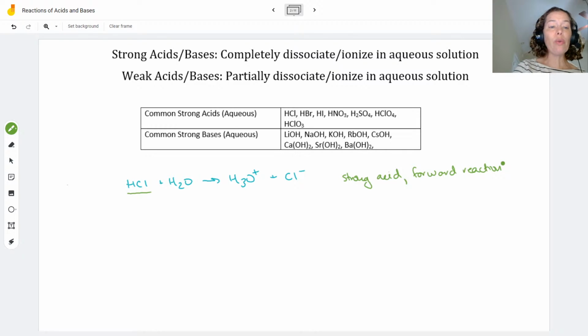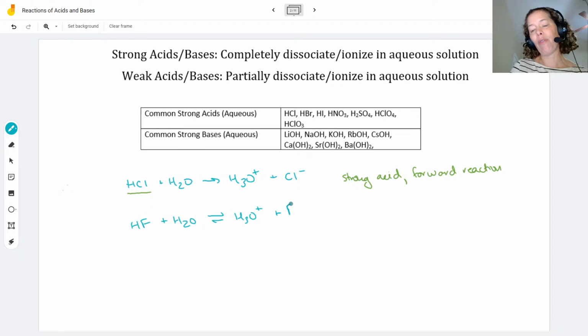Okay, as opposed to a weak acid, hydrofluoric acid, HF, is actually a weak acid. When we put it in water, it still acts as an acid. It's still going to donate a proton to water to form a hydronium and the fluoride anion, but you'll notice I have used equilibrium arrows.